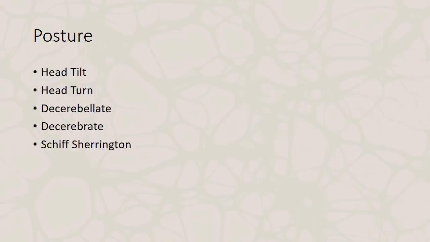So when you're thinking of postures, as far as helping with localization, think about a head tilt versus a head turn, a decerebellate posture versus a decerebrate posture, and then also Schiff-Sherrington. And a lot of times with decerebellate and decerebrate and even Schiff-Sherrington, they can have opisthotonus. And patients that are painful in their neck will often be neck guarded as well. So those are different postures. And as far as where you might localize, I want you to think about those, but we'll talk about that later.